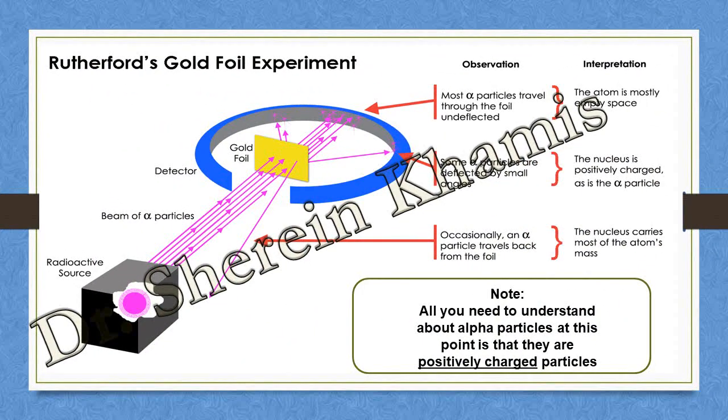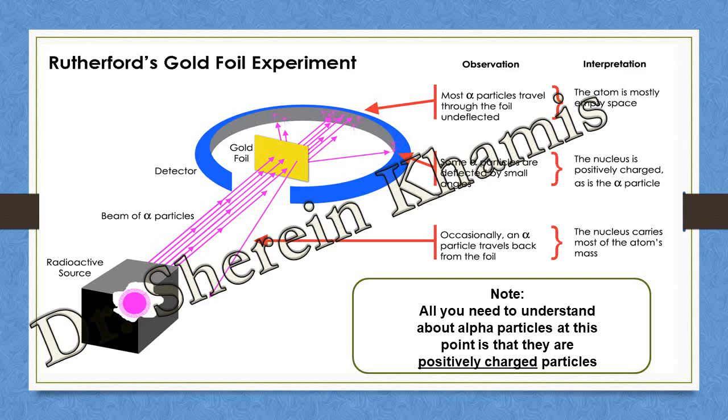Here we have Rutherford's gold foil experiment. What can we conclude from this drawing? We have here a radioactive source that emits a beam of alpha particles. If we want to measure the properties of these particles, we must put the source in a box with a hole that contains these beams of alpha particles.